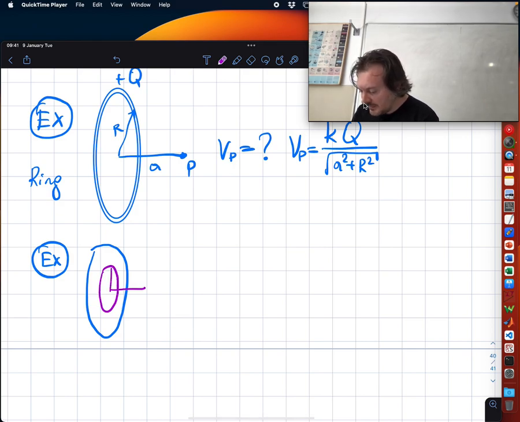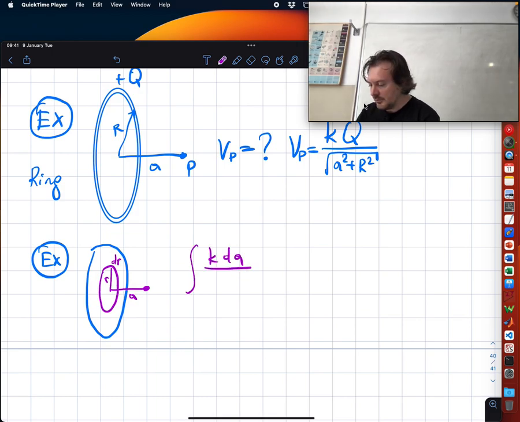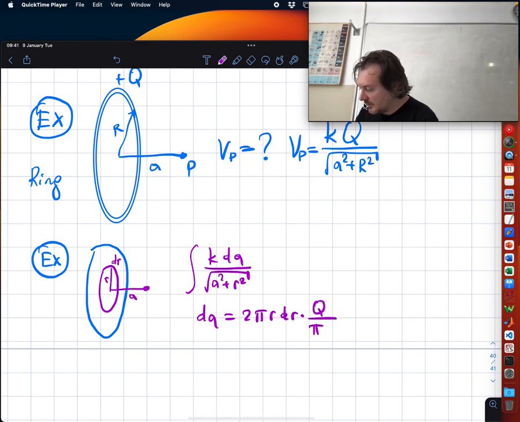So for this case, there is R, there is dr, there is this point P, this is A, right? So you just integrate K dq over square root of A squared plus R squared. Do you agree? Everyone? Yes? So what is dq? dq is 2 pi r dr times q over pi big R squared, right? 2 q r dr over R squared.